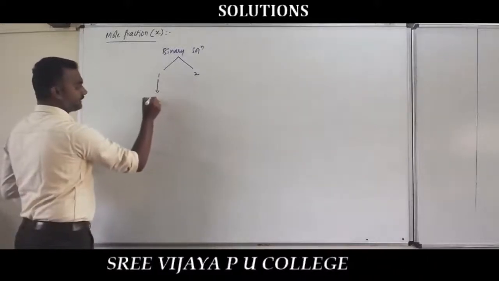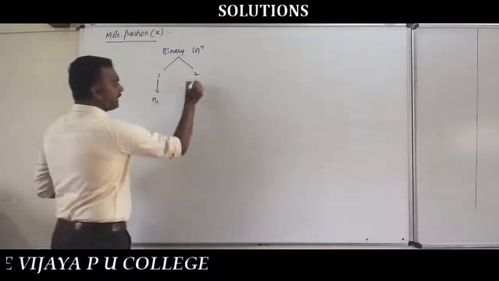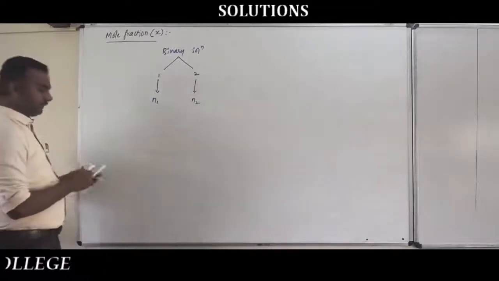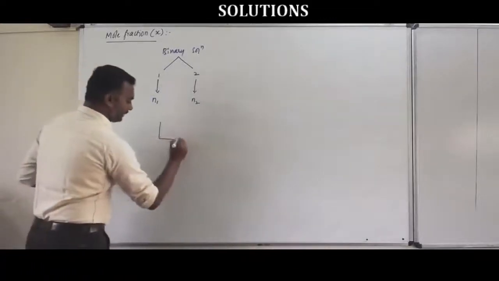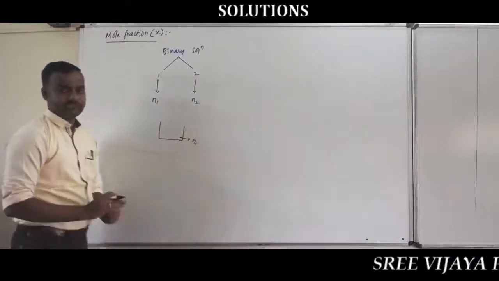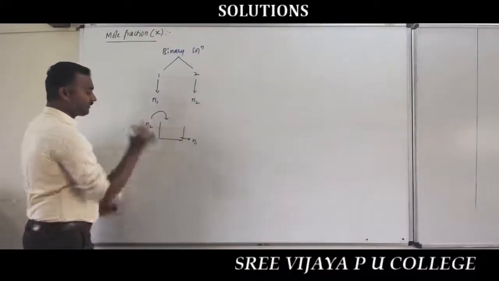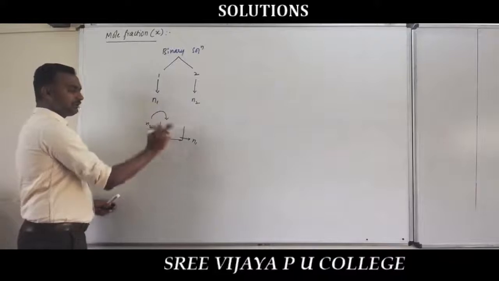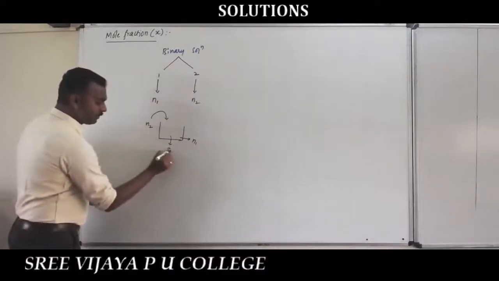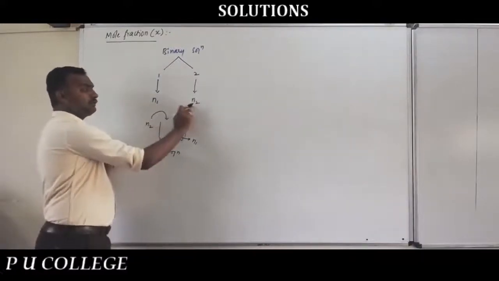N1 is the number of moles of component 1 and N2 is the number of moles of component 2. Now I prepare the solution. N1 is the number of moles of solvent, nothing but component 1. To this I add N2, the number of moles of solute.